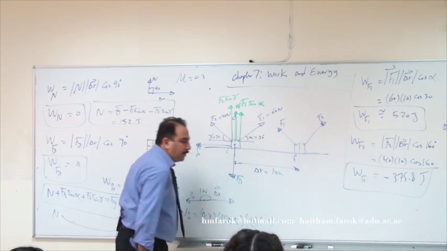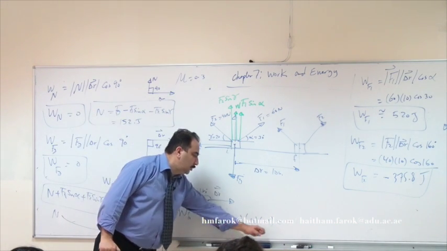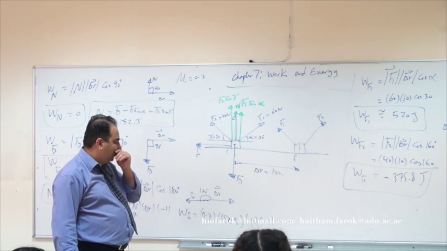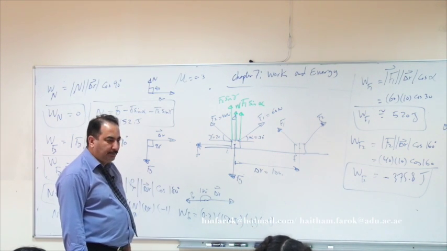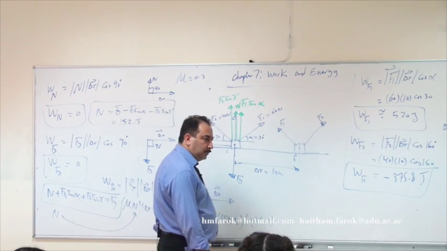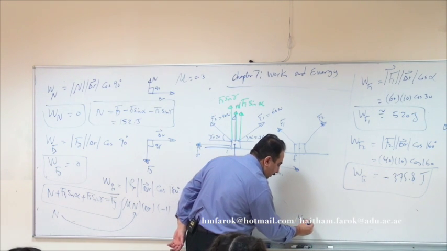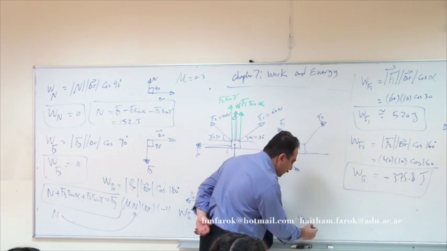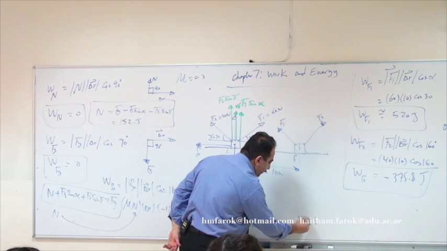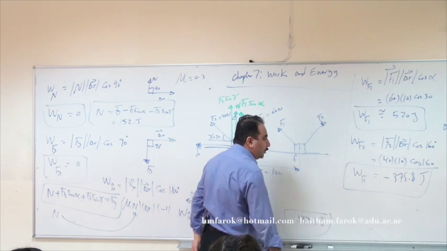So it's minus something. It's minus 457.5. This is joules, yeah? The work of friction.